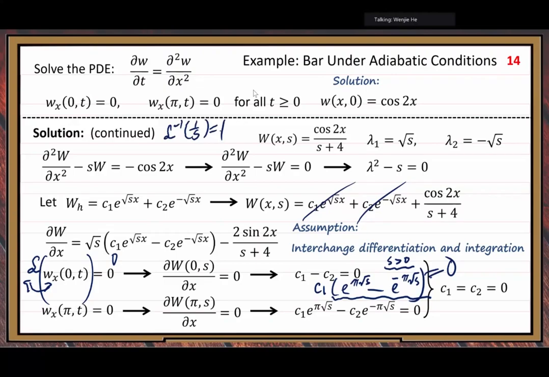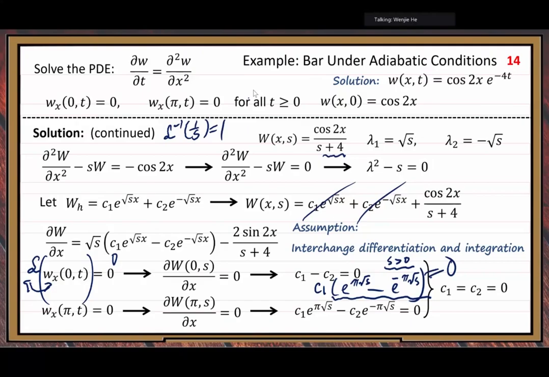Then for the shifting part plus 4, you need to multiply that 1 by an e function, so e to the negative 4t.